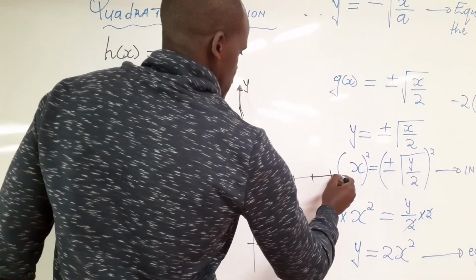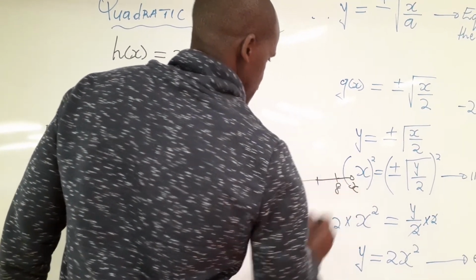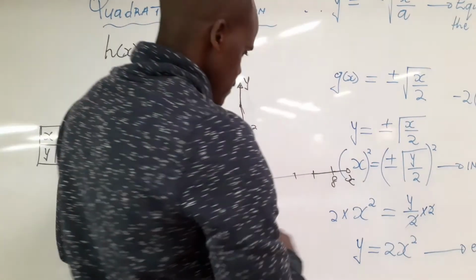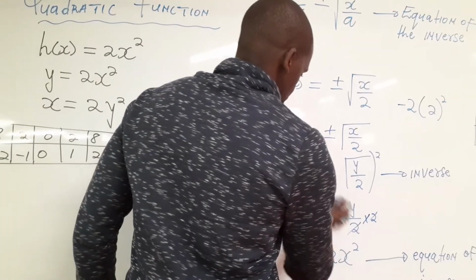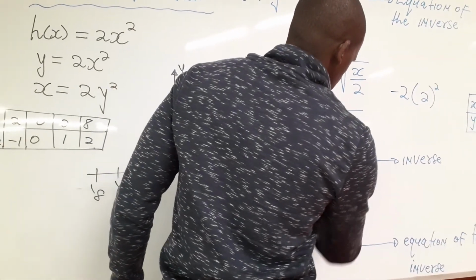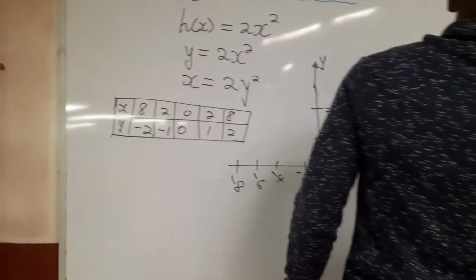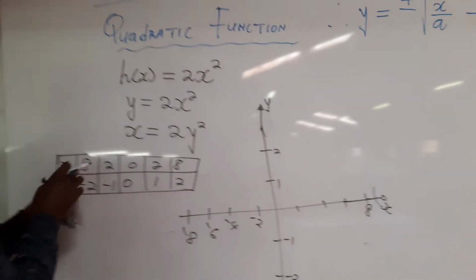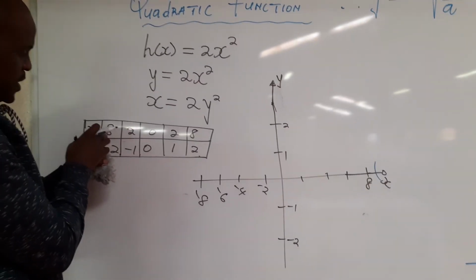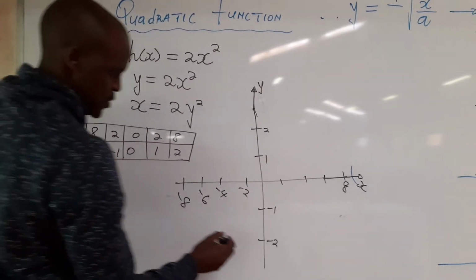It's y and x. If x is equal to 8, y is equal to -2.